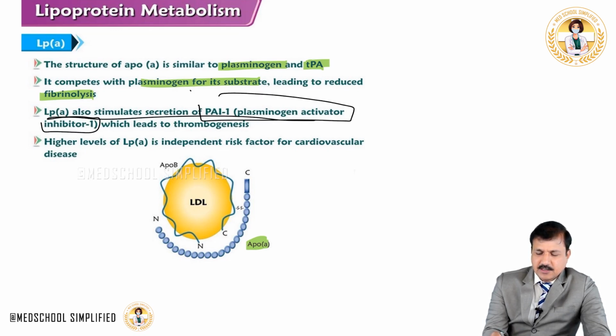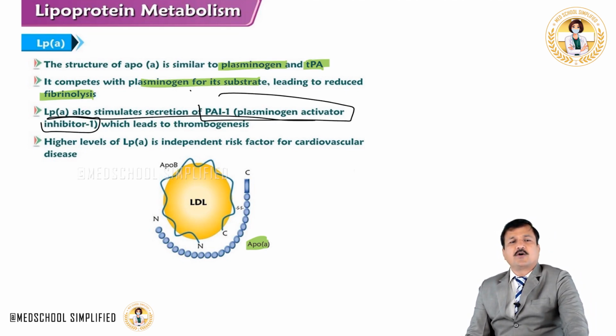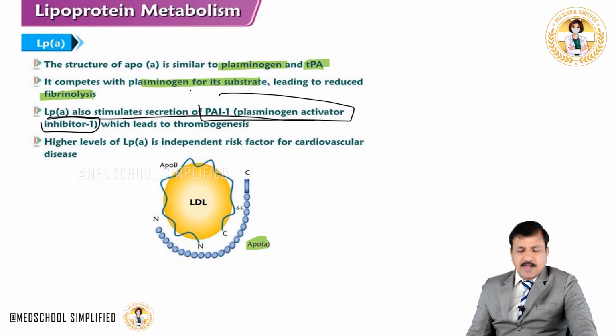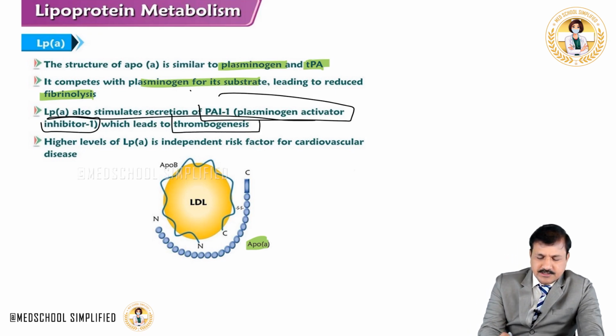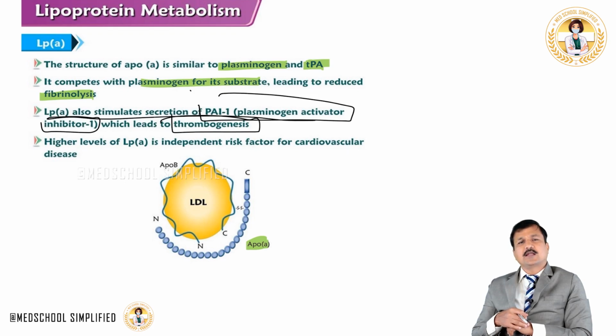That means it inhibits activation of plasminogen, and that leads to thrombogenesis, because the clot is not allowed to be lysed. So the thrombus continues, which can lead to cardiovascular and cerebrovascular events.